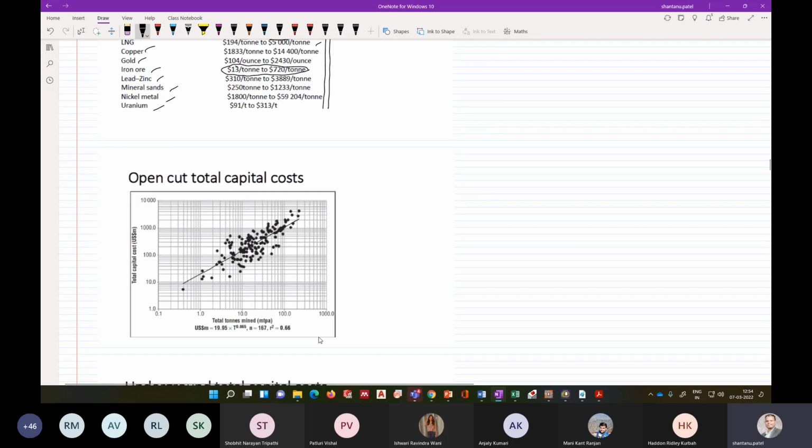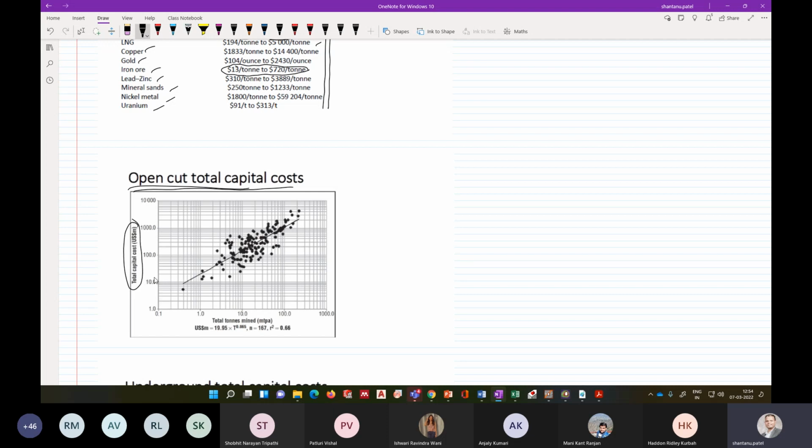In this figure, all the data has been compiled in one place, and this is for open cut total capital cost. All the different types of projects are mixed, and on the vertical axis you can see the total capital cost.